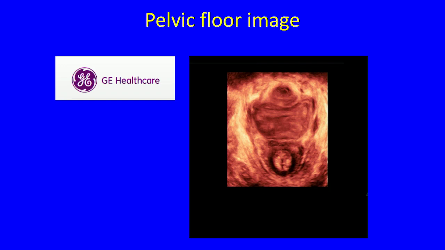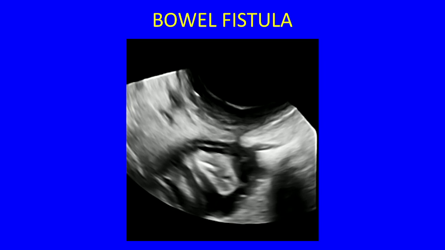And other people, not me, image pelvic floor using 3D and look for prolapse. What I did see though was a bowel fistula, and this lady had had a THBSO for fibroids and afterwards got an E. coli sepsis. She eventually recovered from that, and then she developed diverticular disease and had some bowel polyps removed at the same time.